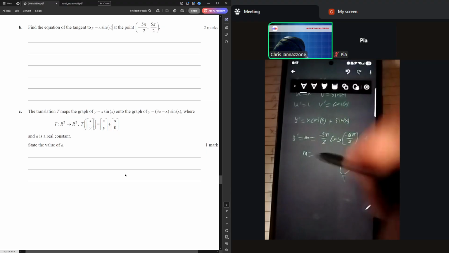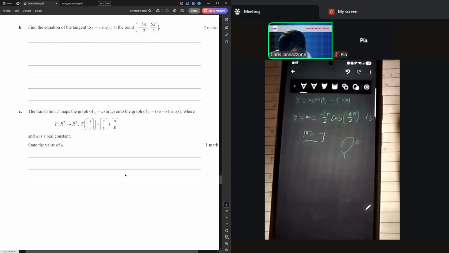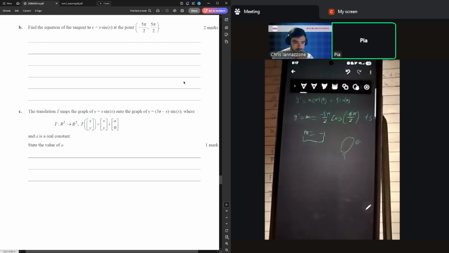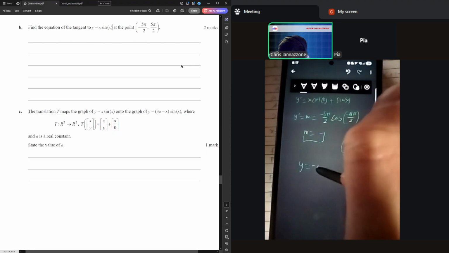Nice. Gradient negative 1, point as given. How do we put it all together? y equals minus x, y equals minus x plus c.